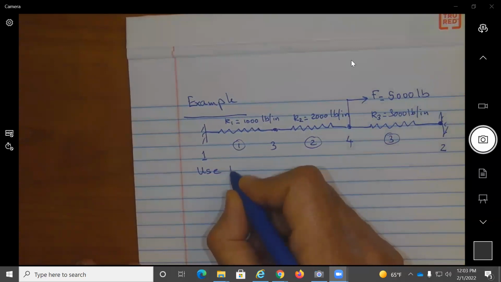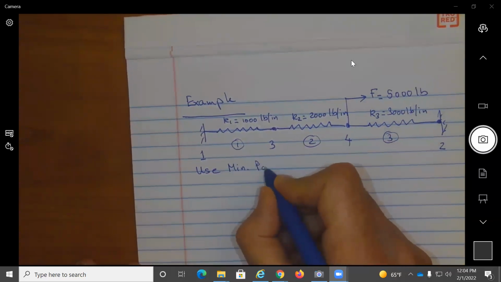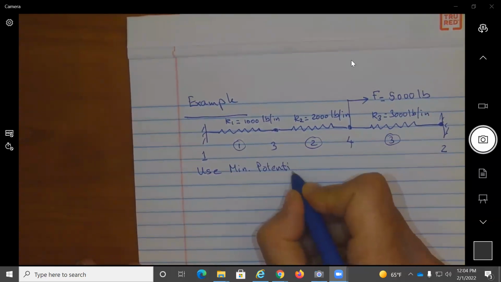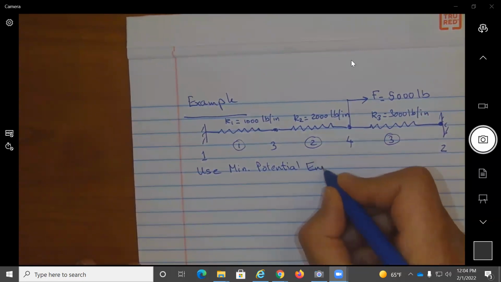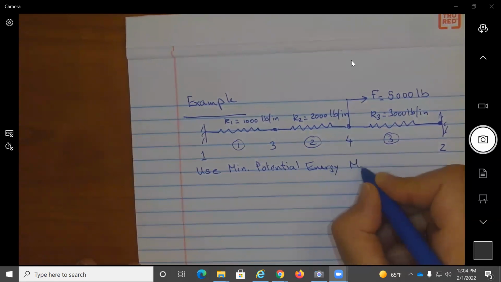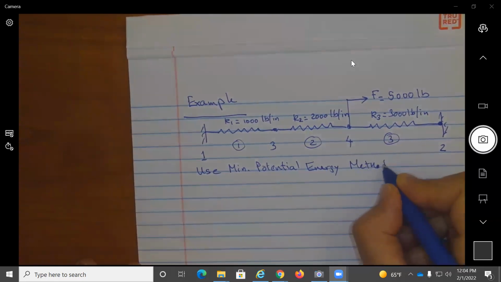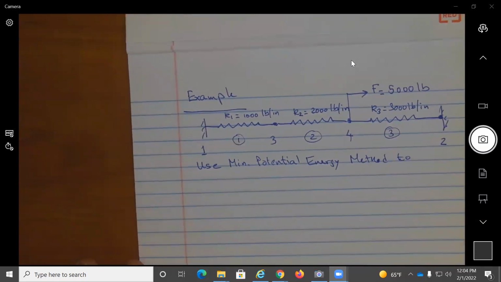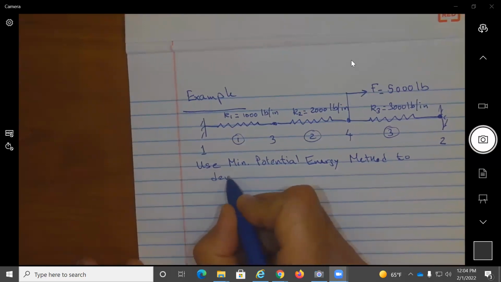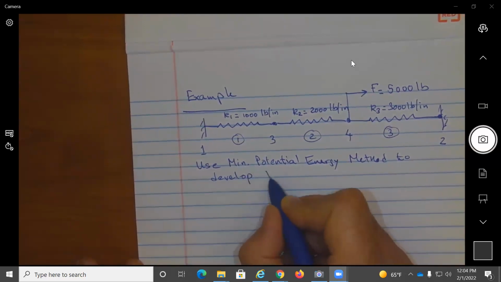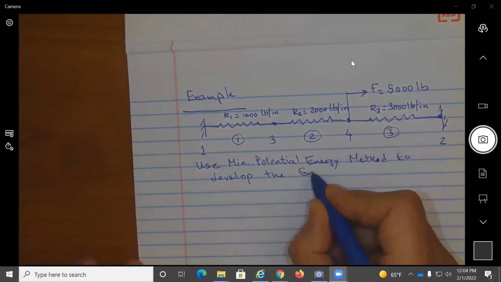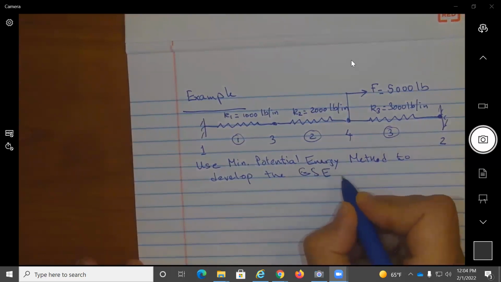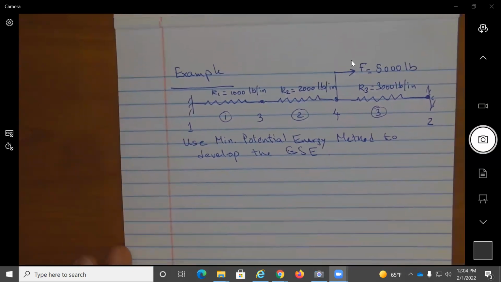We want to use the minimum potential energy method to develop the global stiffness equations, so the stiffness equations of the system.